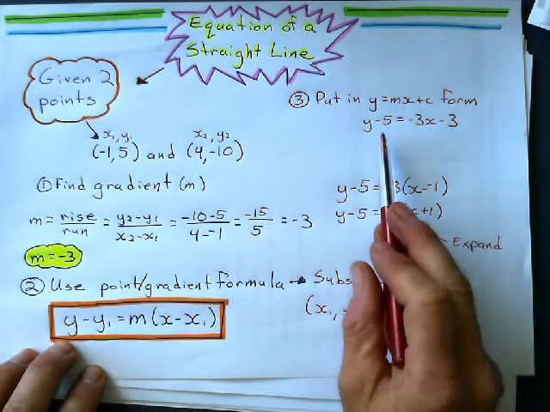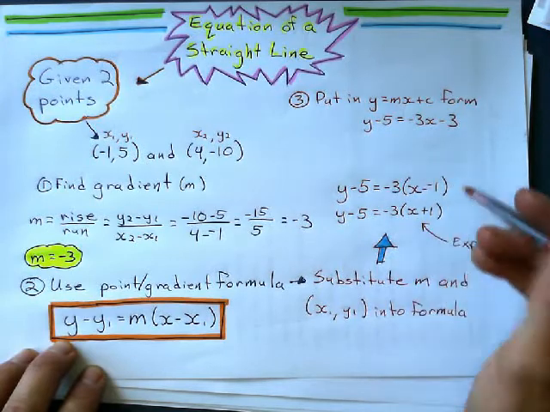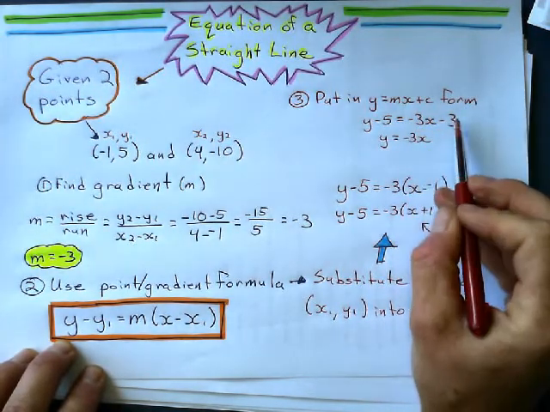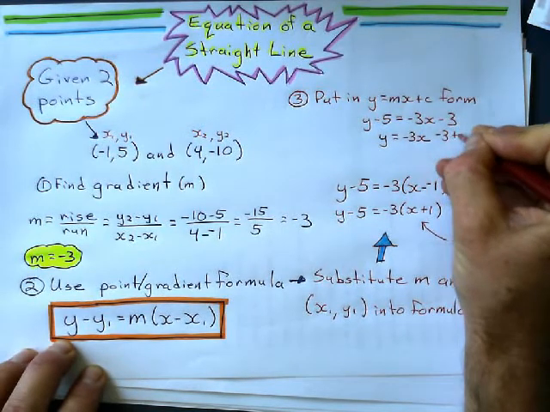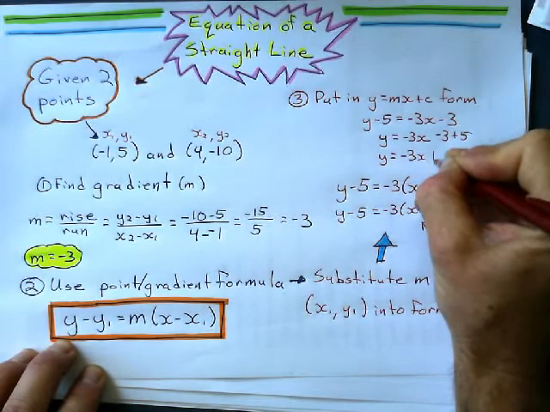And then that -5 is going to switch to the other side and become +5. So y equals -3x, then -3 plus 5 gives me y equals -3x plus 2.